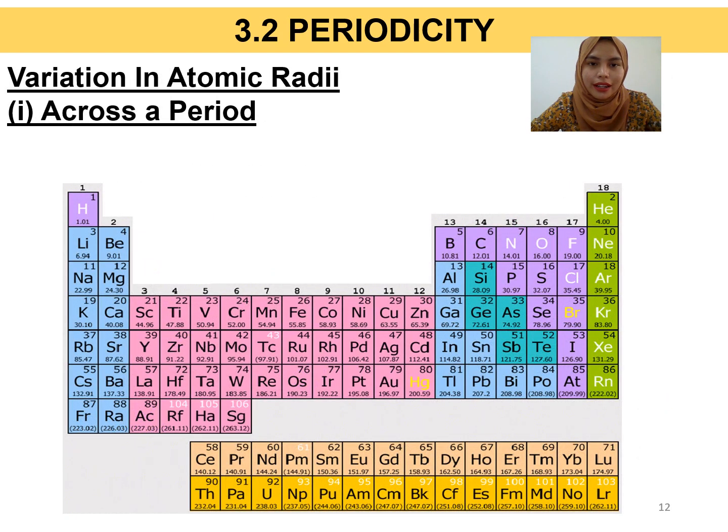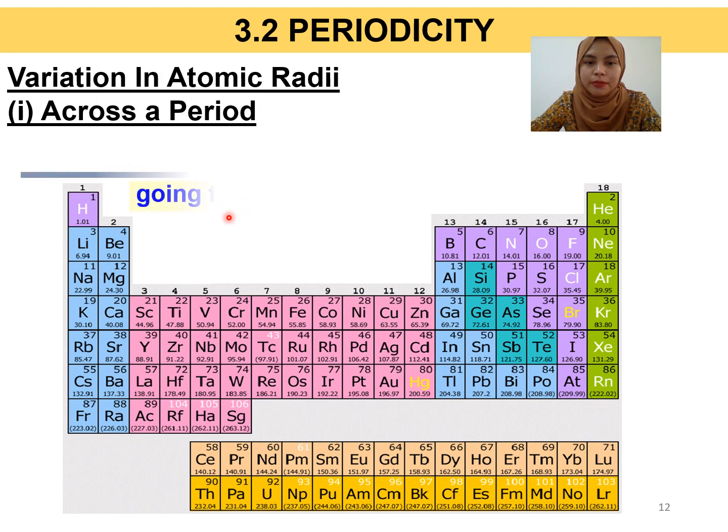Tadi Miss dah cakap faktor-faktor yang mempengaruhi size of the atoms of the elements dalam periodic table of elements. Sebab dekat periodic table of elements dia ada trend of size untuk atom. Contohnya, there is variation in atomic radii across a period.